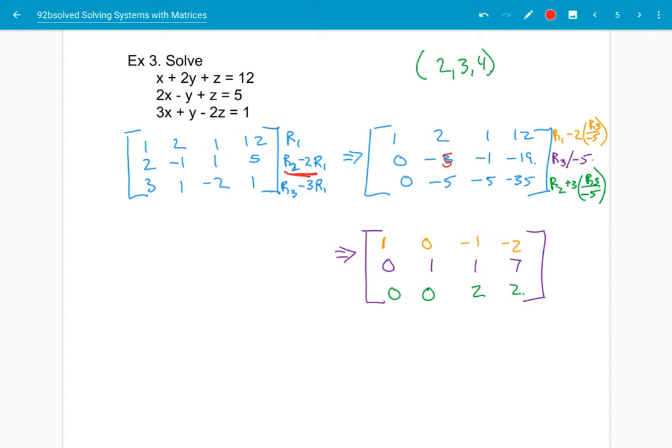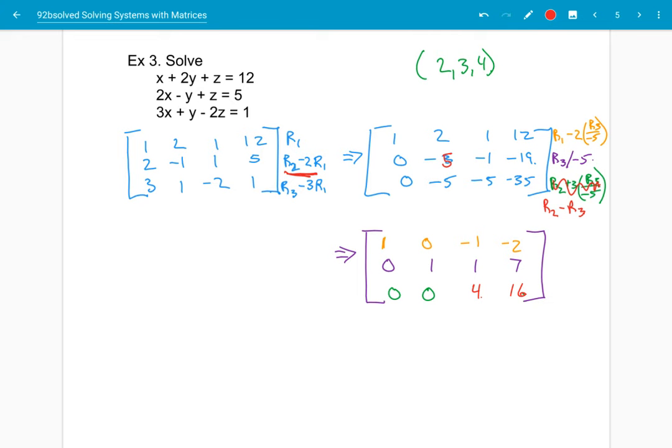And so instead of having to do this complicated step, I'm simply going to take row 2 and subtract row 3. And when I do that, I get 4 is equal to 16, of course, there. Okay, so that fixes it.